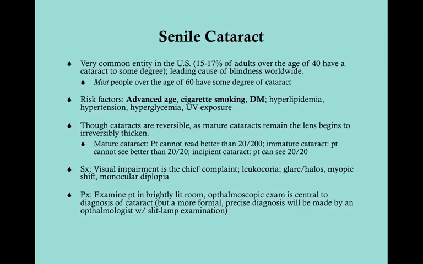Certainly diabetes type 1 can't be reversed. There is an association with hyperglycemia, so untreated diabetes mellitus, uncontrolled diabetes mellitus is probably more of a risk factor than diabetes mellitus that's controlled. Hyperlipidemia, particularly high triglycerides is a risk factor, and then hypertension is also another risk factor.